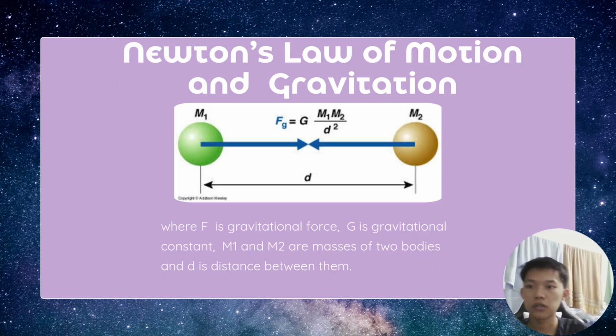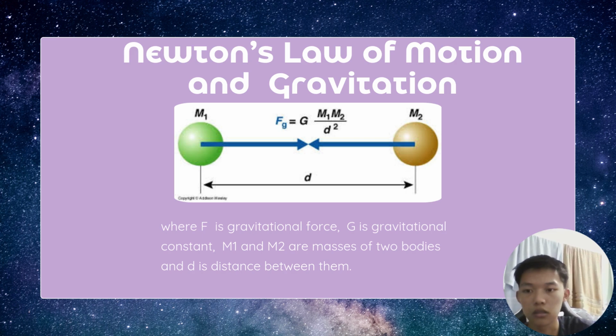Newton's law of gravitation states that every object in the universe attracts every other object with a force that is directly proportional to the product of their masses and inversely proportional to the square of the distance between them. So we use the equation: F, the gravitational force, is equal to the gravitational constant times the masses of two objects, divided by the square of the distance between the objects.